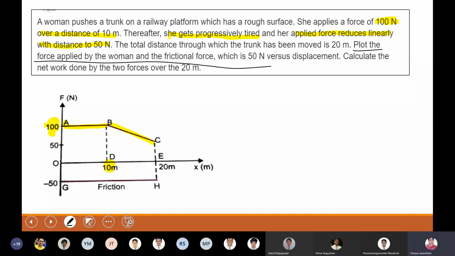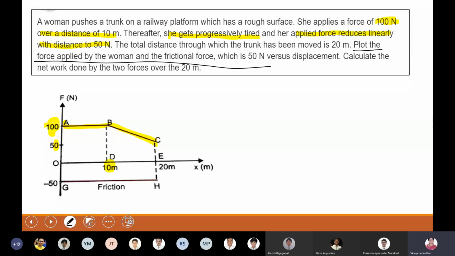So the person has applied a force of 100 Newton and pushed the body to a distance of 10 meters. Once the body reaches point B, the person becomes tired so that the applied force keeps on getting reduced and reaches 50 Newton at point C, right?